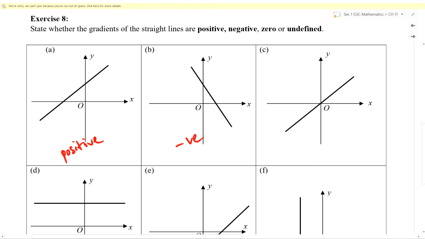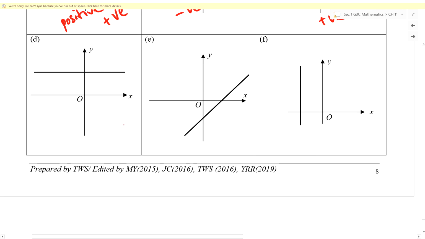Okay, so you can use short form like this, minus VE or plus VE. Positive, negative. Next one, positive. Next, 0. Next, positive. And finally, undefined. Okay, so this is without any calculations. But you have an idea of what the value is.